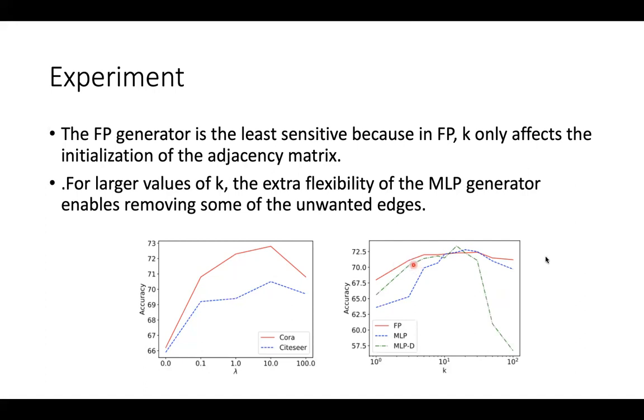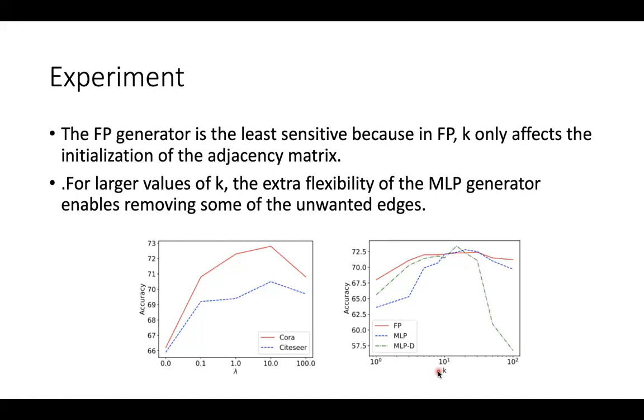And for large values of K, the extra flexibility of the MLP generator enables removing some of the unwanted edges. So you can see in all the experiments on the graph benchmarks, the MLP-based generator or the MLP with KNN initialization-based generator performs the best.